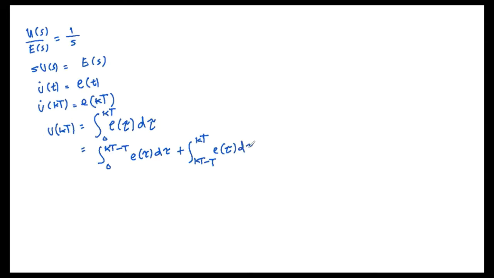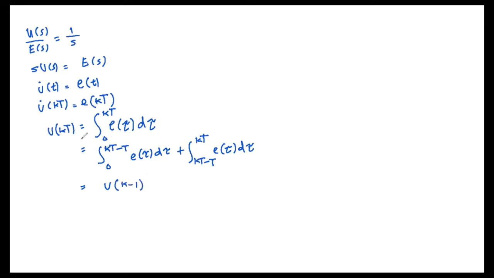The first part here will simply become u of kT minus T, or u of k minus 1.